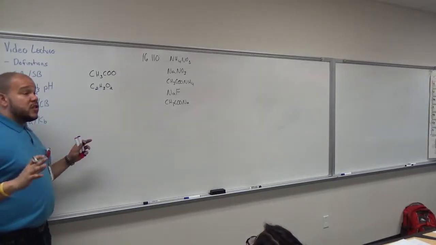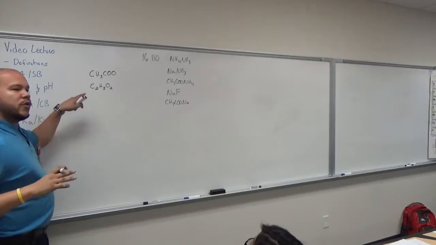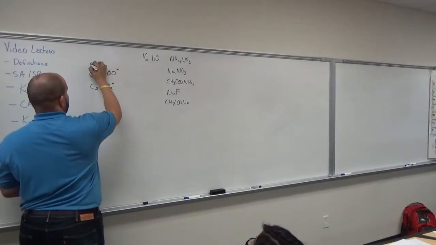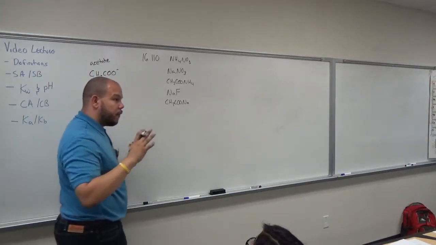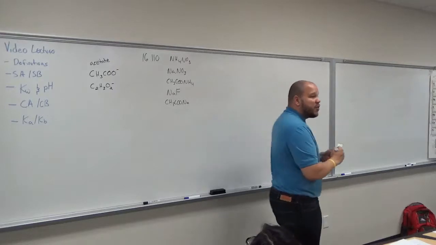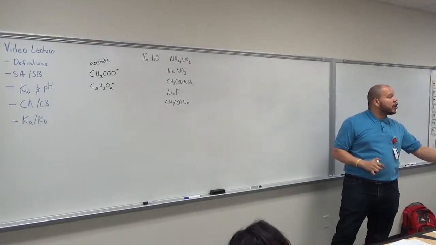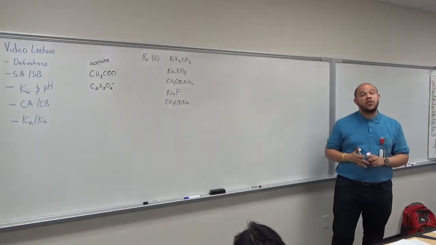I'm going to try to keep these consistent with what's in the reference material so that you don't get confused and say, I don't know what that is. These are both acetate. But for purposes moving forward, when I give you these salts, I'm going to try to structure them on my assessments as they are structured in the equilibrium constant, so that way you can go and determine them.